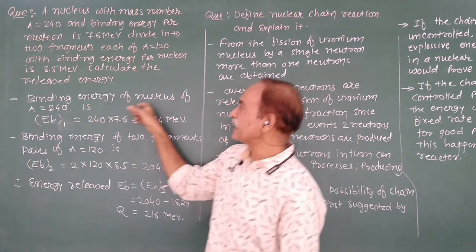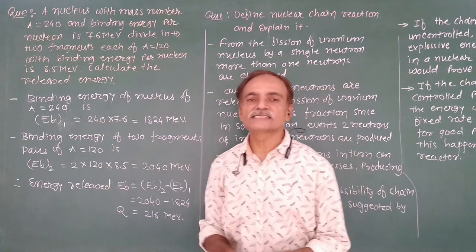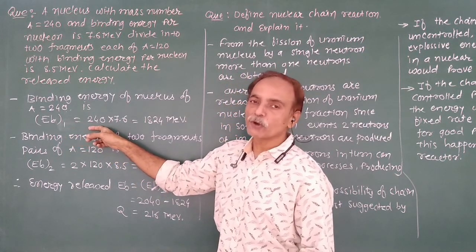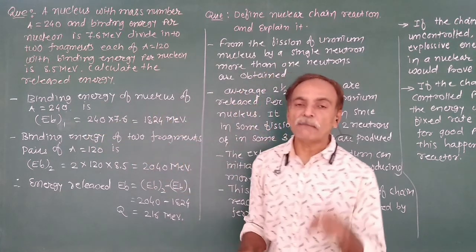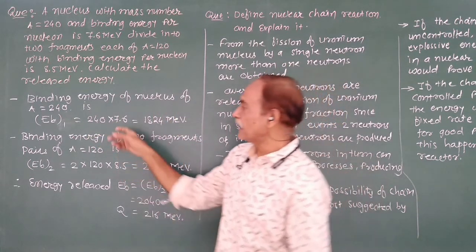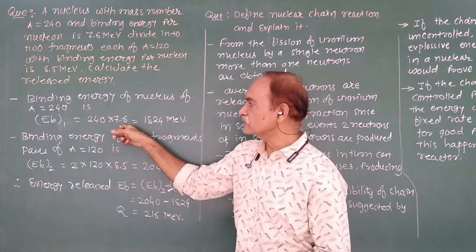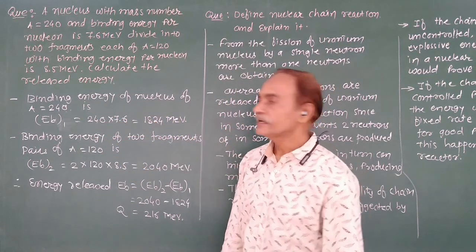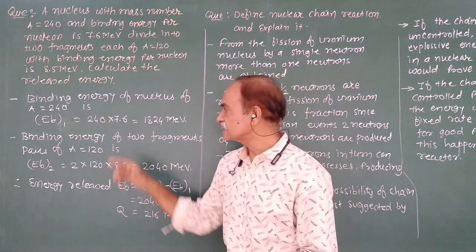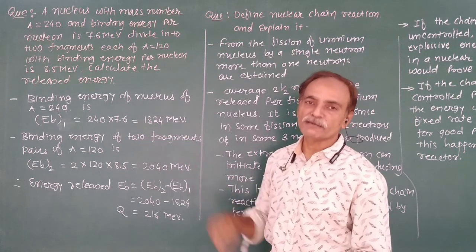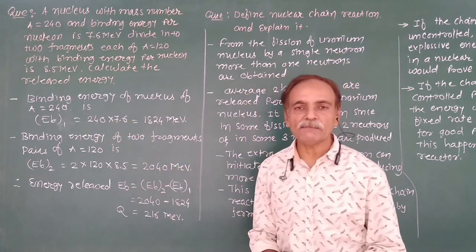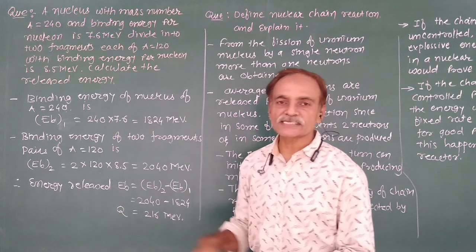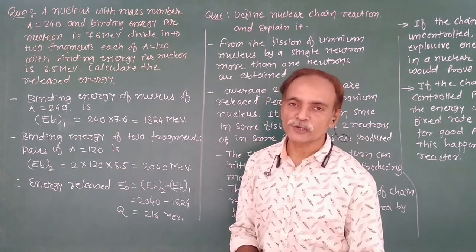For that purpose, the binding energy of the nucleus of atomic mass number A equal to 240 is EB1, equal to the number of nucleons in the nucleus into the binding energy per nucleon. 240 into 7.6, that is the total energy of the nucleus having atomic mass number 240, is 1824 MeV. 240 is the number of nucleons and 7.6 MeV is the binding energy per nucleon.